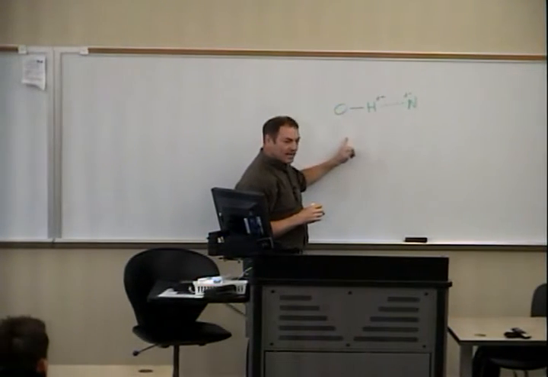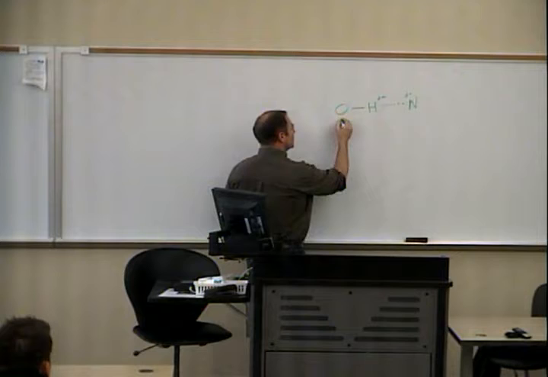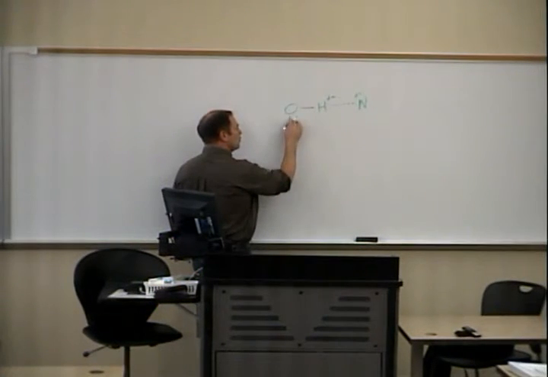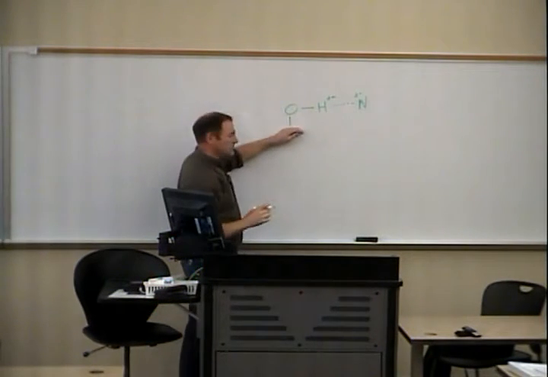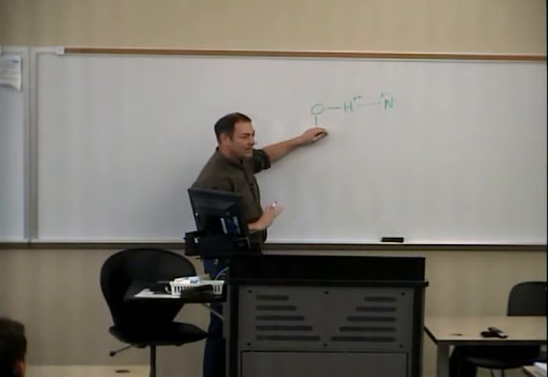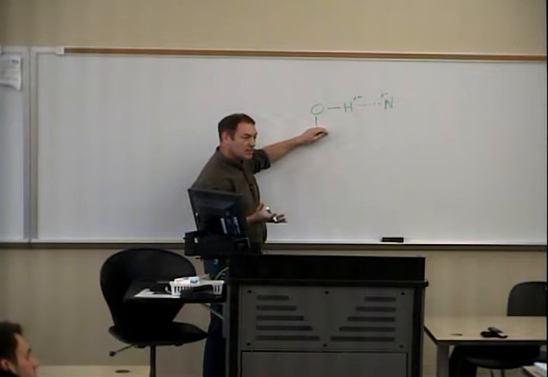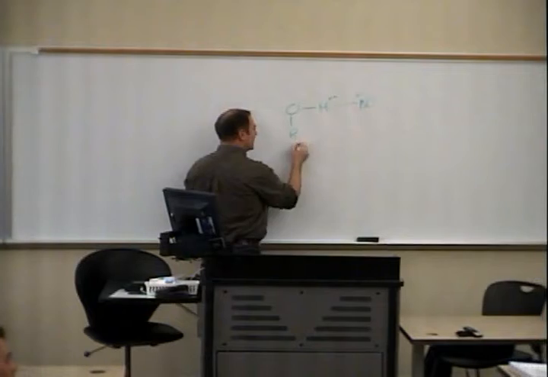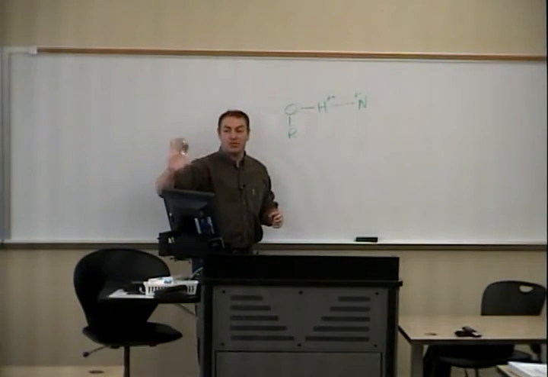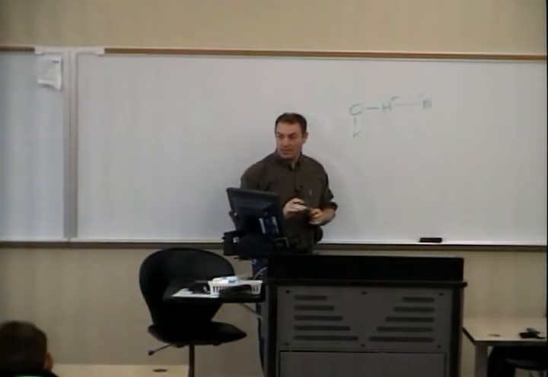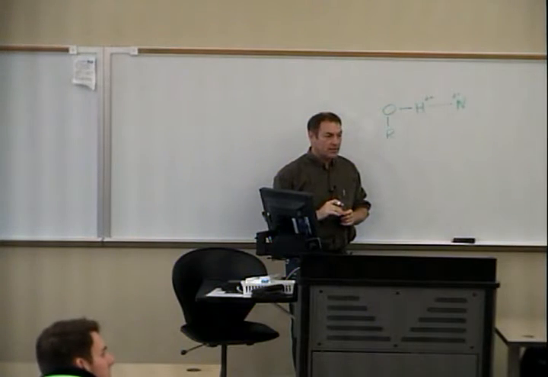Oxygen, because it forms 2 bonds, there's a covalent bond there to something else. Yeah? I don't really care what it is right now. It could be a lot of different things. So I'm just going to write this generic letter R to say the remainder of the molecule, the rest of the molecule. Okay? It could be anything. It could be another hydrogen, or it could be something much more complicated.